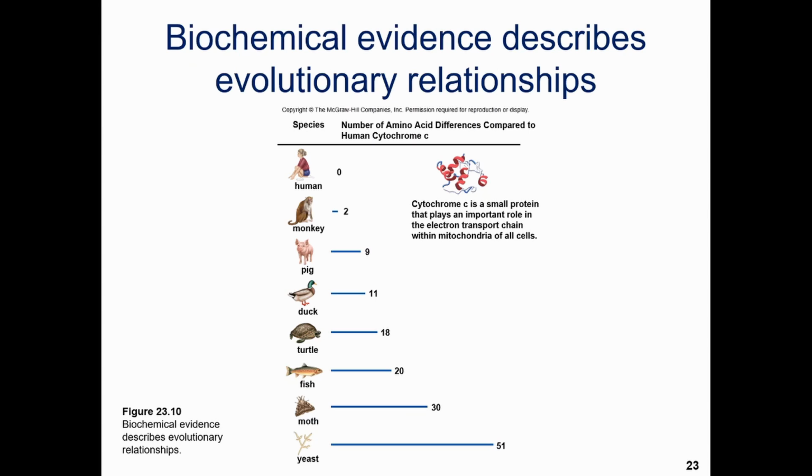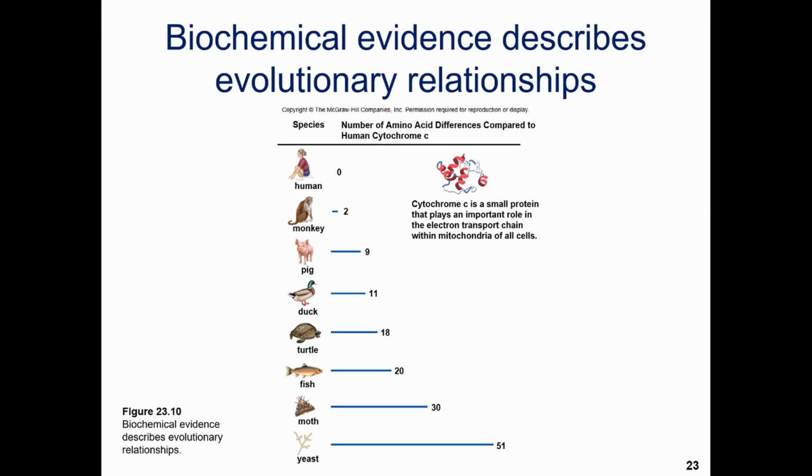We all have the same cytochrome C. If we look at us compared to a monkey, there is a 2 amino acid difference between our cytochrome C and their cytochrome C. And the further we get away, from the pig to the duck to the turtle to the fish to the moth to the yeast, we see that we accumulate more and more differences between them, the more and more unrelated we are to that organism.